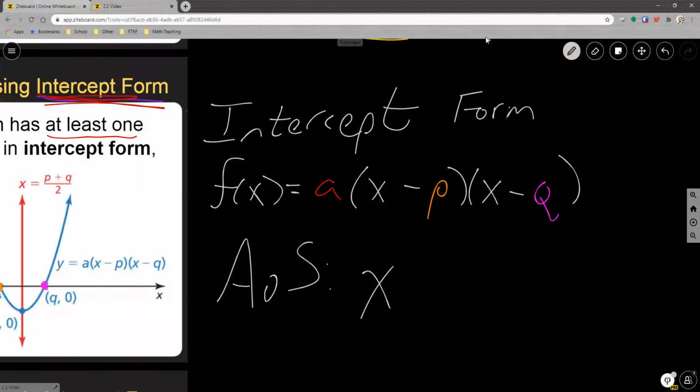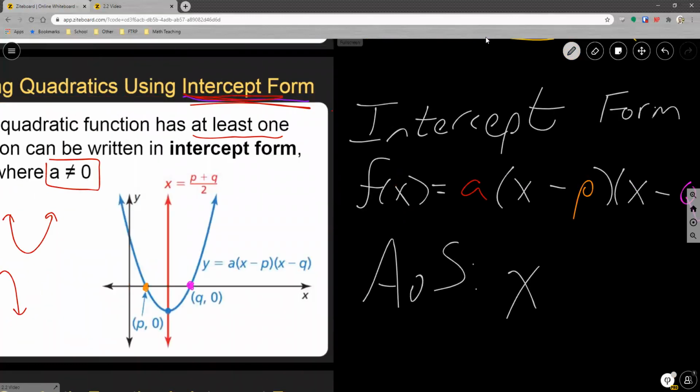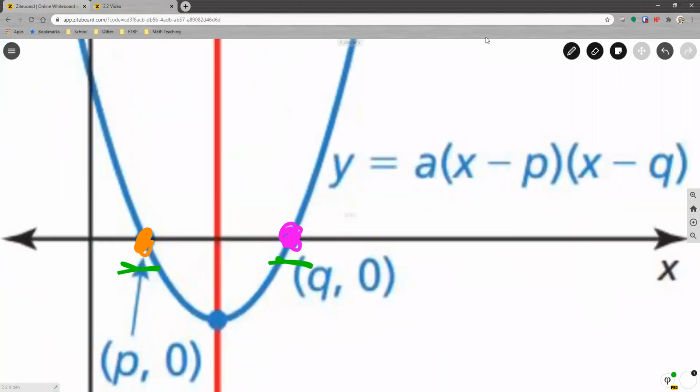This one is basically saying that any intercept that I have, so I've got an intercept here and an intercept there, in comparison to the axis of symmetry, these intercepts are always going to be the same distance away from the axis of symmetry. The reason for that is because they're on the same horizontal line. They're both on the x-axis, so they're directly across from each other over the axis of symmetry.